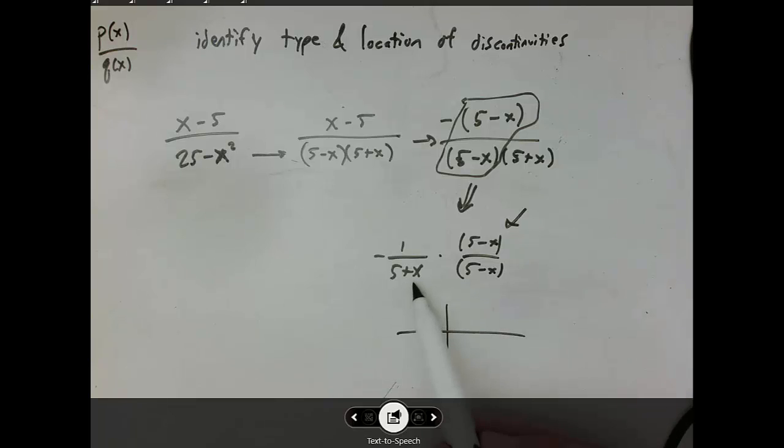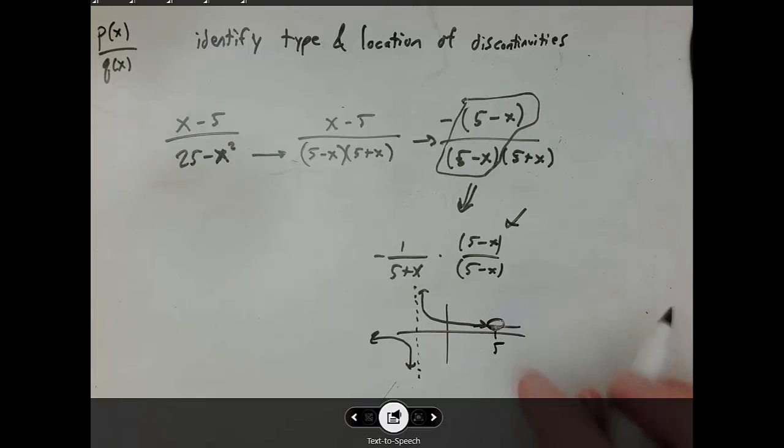I have 1 over x and I've shifted it. It looks like left by 5. And then I flipped it upside down. So it would be this kind of graph, but then I also have a removable discontinuity at 5. So there would be a hole right here. And this is negative 5.